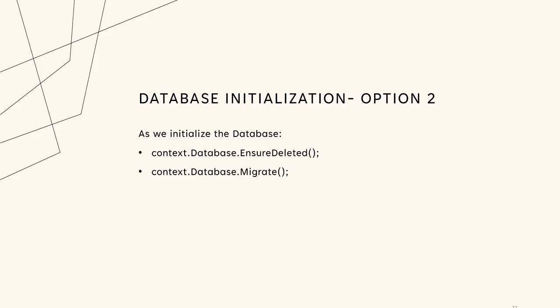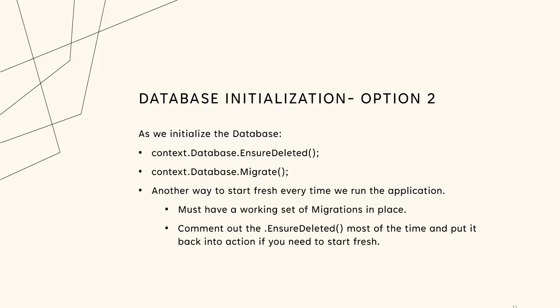If we do this approach, we wipe out the database, and then we refresh the database by applying whatever migrations that we have. We must have a working set of migrations in place. And if you want, comment out that ensure deleted most of the time and only put it back into action if you want to start fresh. That's another option in terms of how you initialize the database itself.